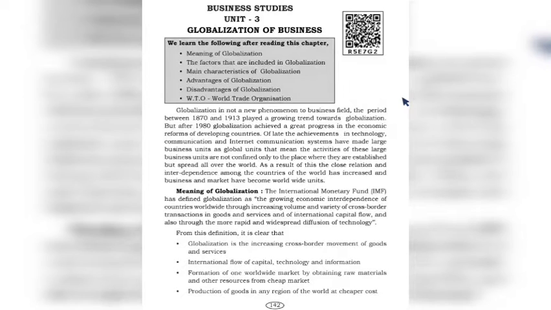As interdependence has increased, the business and the markets of the world have become worldwide units. As I have explained earlier, they are not restricted to doing business in the country where they were established.